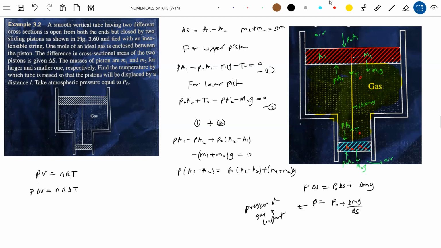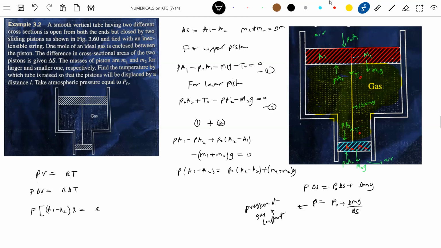If temperature increases, volume should increase. For volume to increase, should the piston move up or down? Who wants to answer? Up, sir. It should be up, no, then only volume will increase. So the piston should get displaced upward here. So what is the increase in volume? Anybody wants to write the increase in volume? A1 minus A2 into L. It is 1 mole, so I'll take it out.